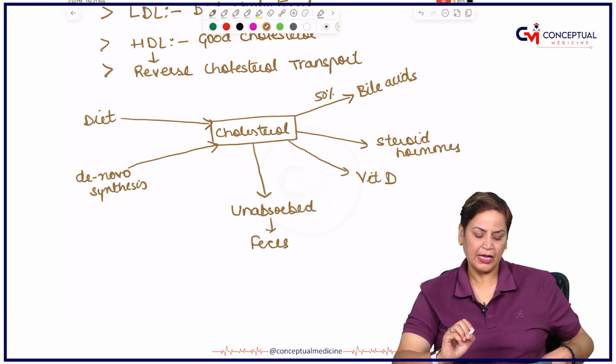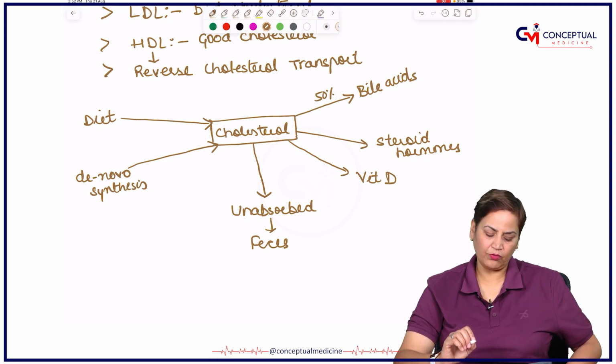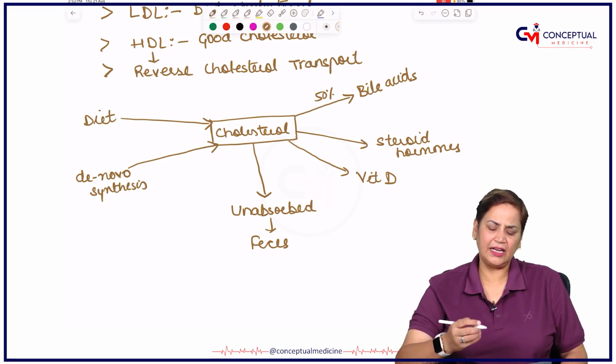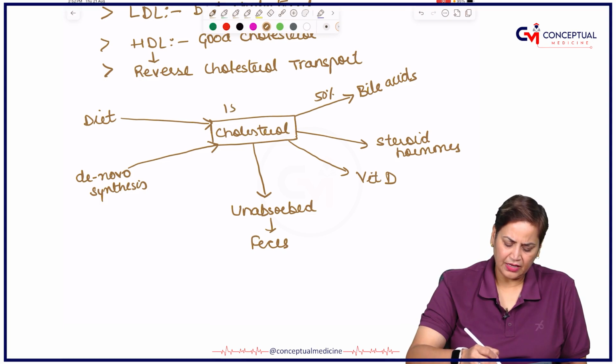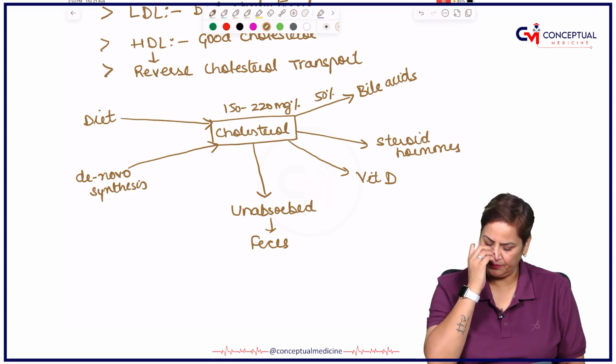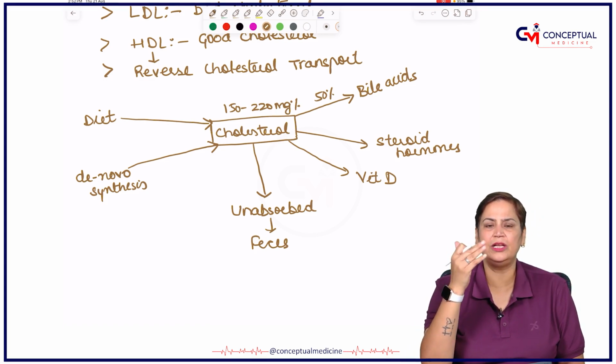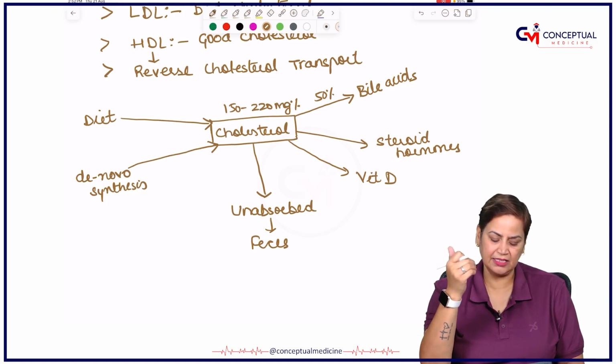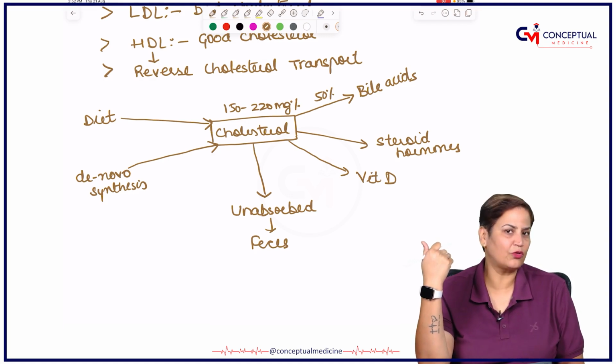Very important. So this is the fate of cholesterol, and the normal level is 150 to 220 milligram percentage, or milligram per 100 ml of blood, or milligram per dl. So this is how cholesterol is metabolized, and this is how we get cholesterol from the diet.